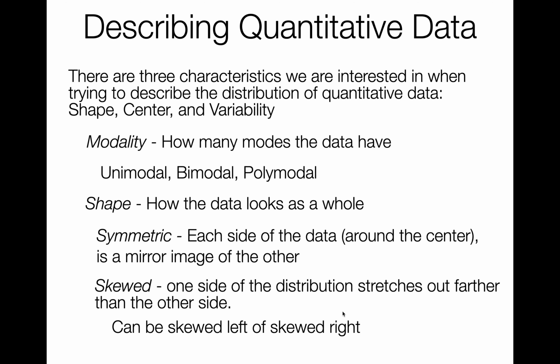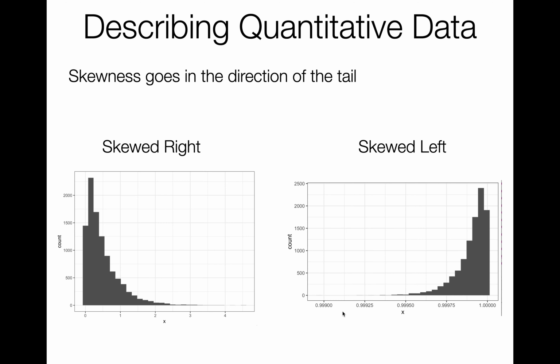Let's focus on that for a second. Skewness, or the way the data is skewed, goes in the direction of the tail of the graph. Here are 2 histograms, on the left and the right. These 2 histograms are both skewed.